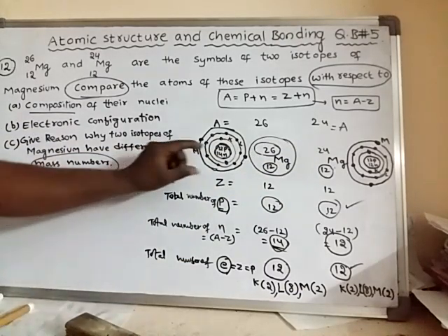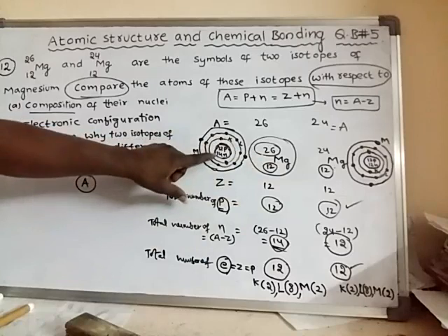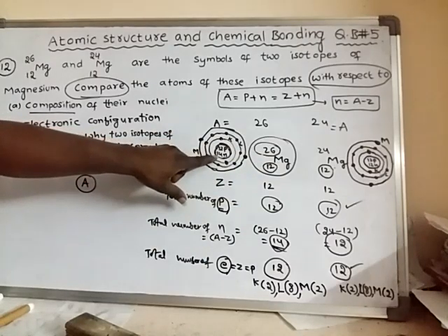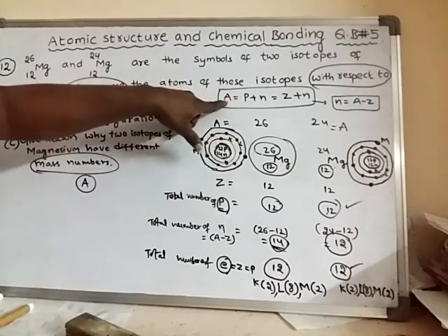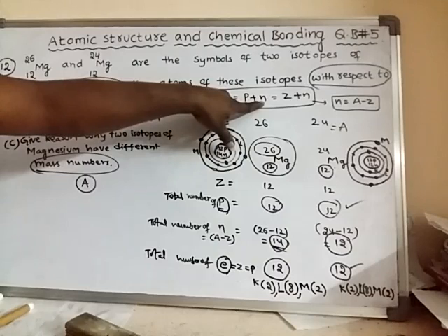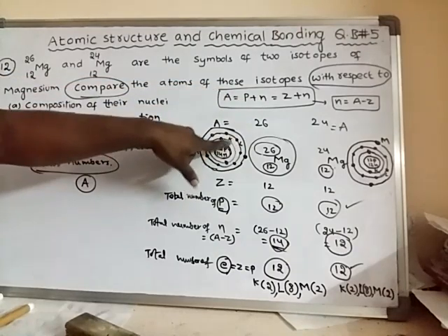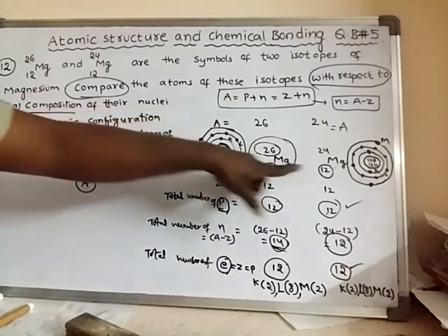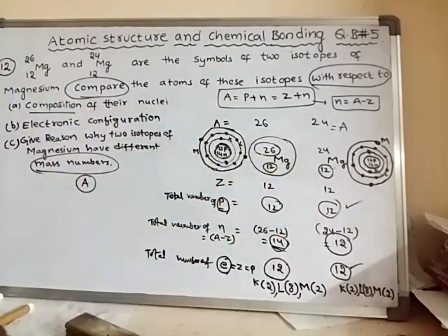See, here in this particular atom, there are 12 protons and 14 neutrons. Okay, the total mass number is nothing but the total number of protons plus the total number of neutrons. In this atom there are 12 protons, and in this atom also there are 12 protons.